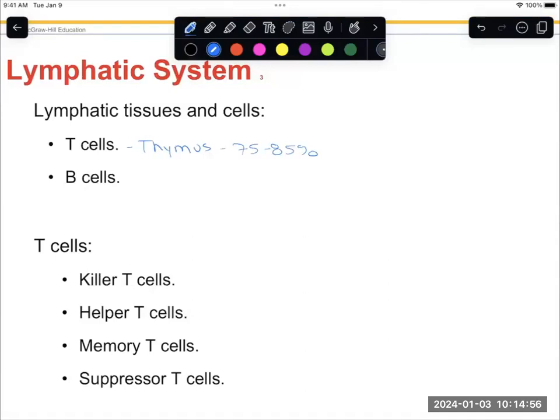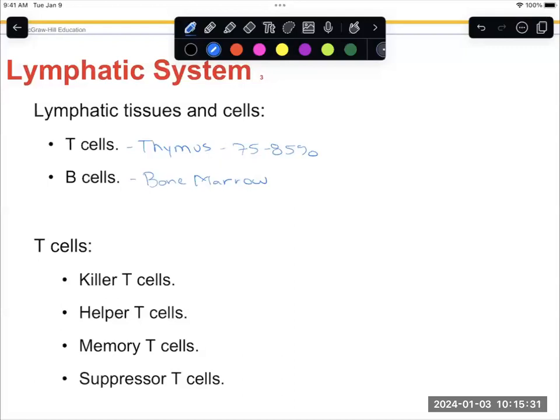B cells. B cells mature. B stands for that bone marrow. So this is where these cells mature. They're going to respond to antigens, which turns them into plasma cells, which produce these specific antibodies to that antigen found on that foreign cell.